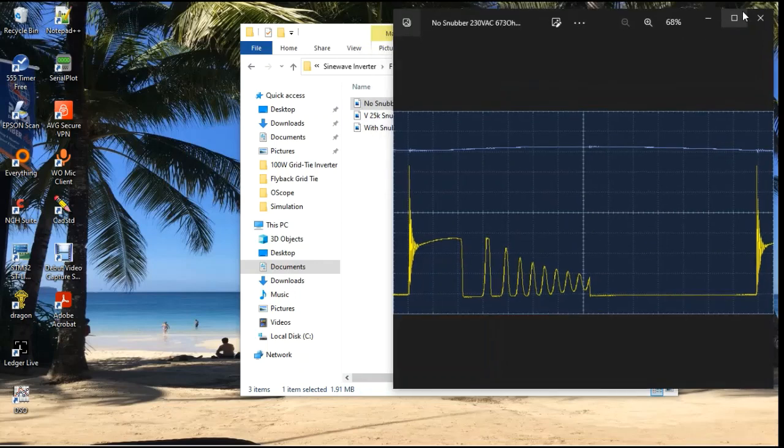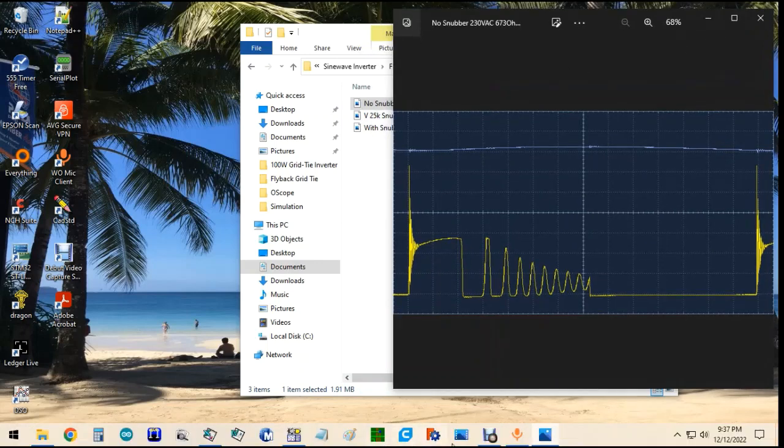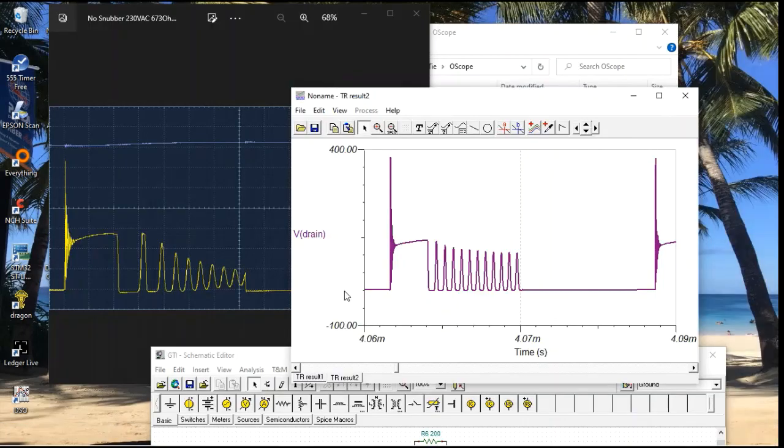If I put these up together, look at what the simulation is saying, and look at what is really happening in the unit. I mean, this is pretty good for a simulation. This is pretty accurate about what we actually see. The only difference is the levels.